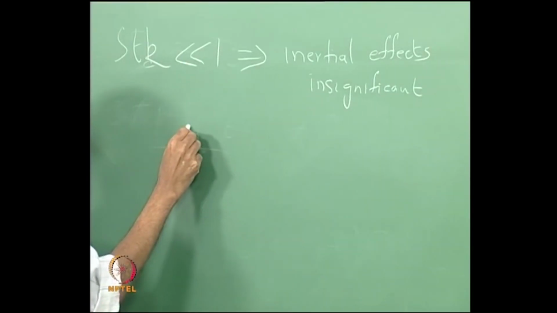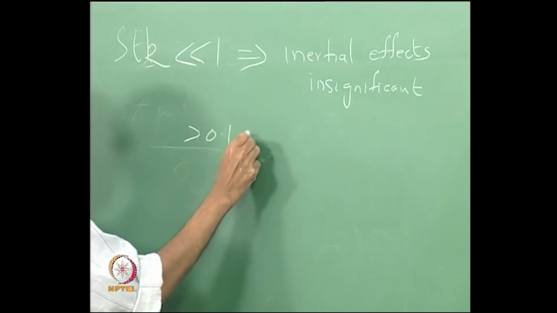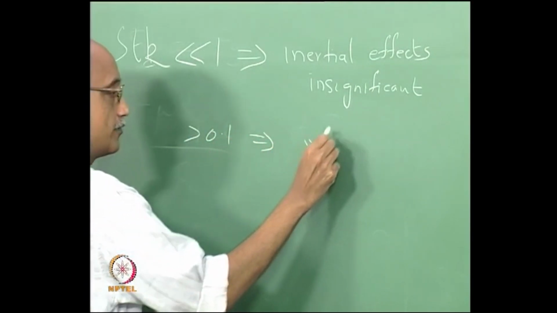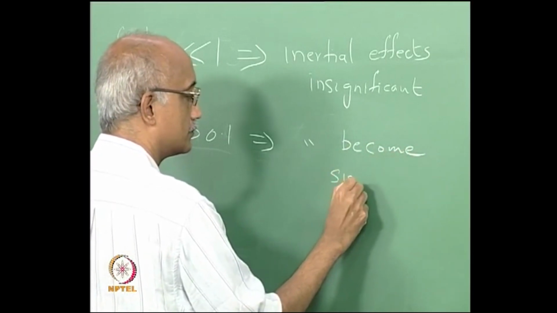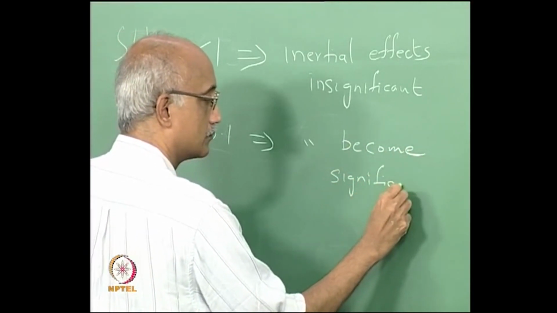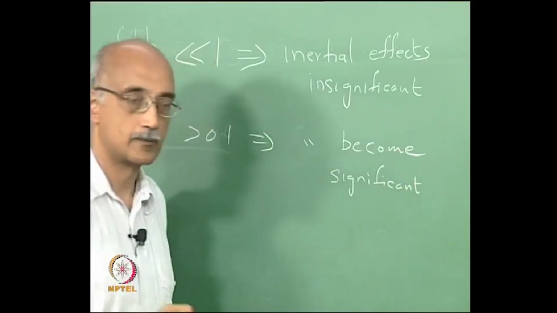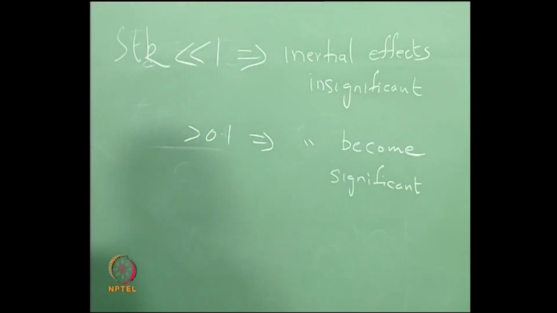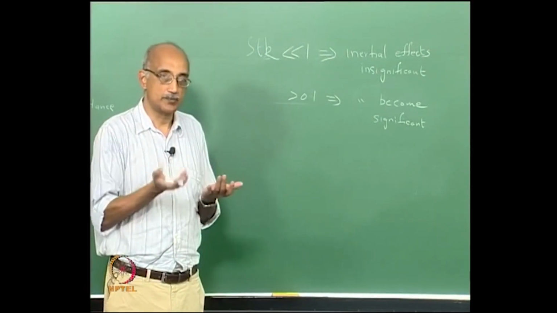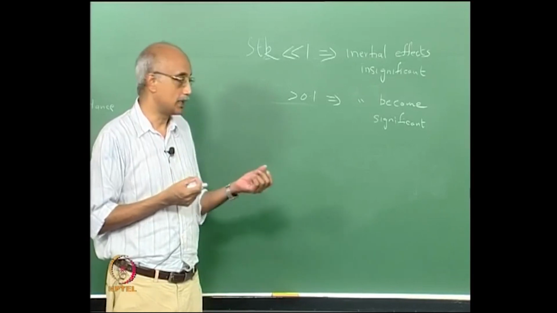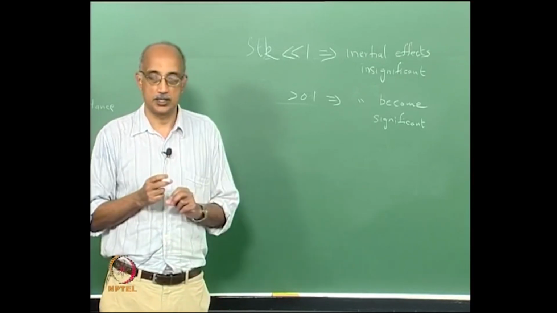When Stokes number exceeds 0.1, inertial effects become significant. So, for any physical problem, you calculate the Stokes number associated with particle motion and find out its magnitude, and that will pretty much give you an idea of how important inertial effects are.